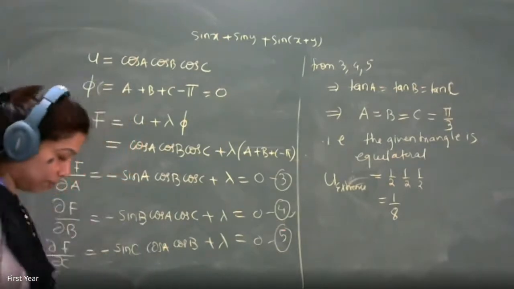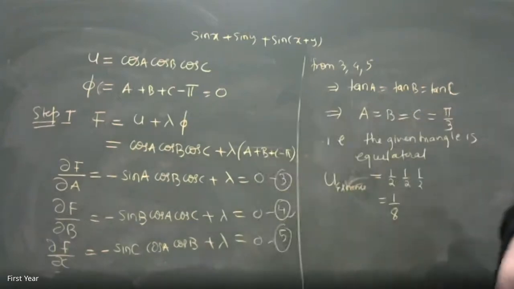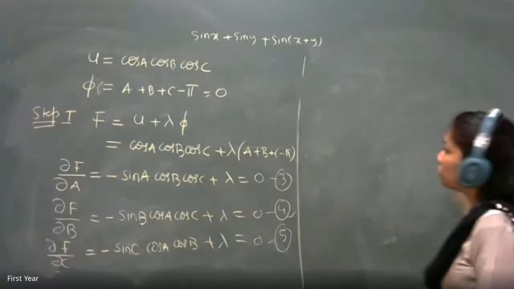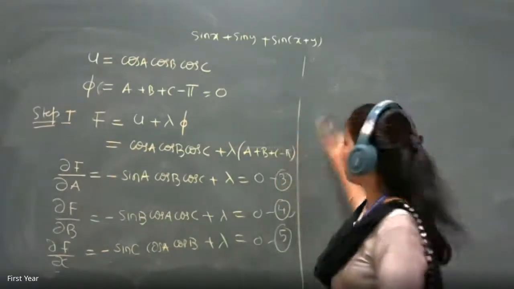So which type of question is it, by which method are you going to solve? Maxima minima. Because there are two variables and there is no extra condition. So try to solve and see who gets the answer first.